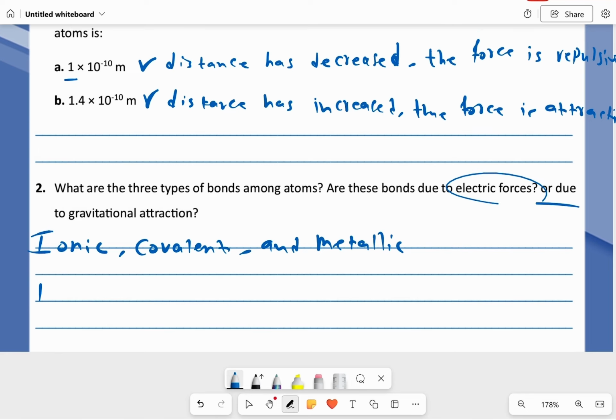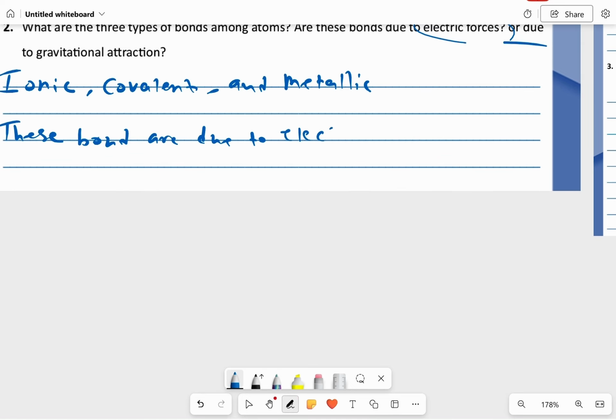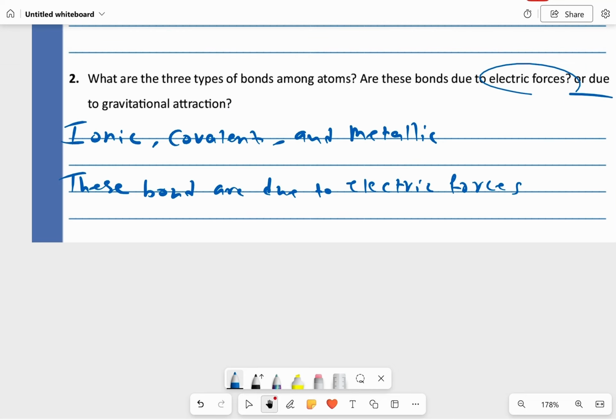These bonds are due to electric forces. You had ionic bond, which was about donating or receiving electrons.